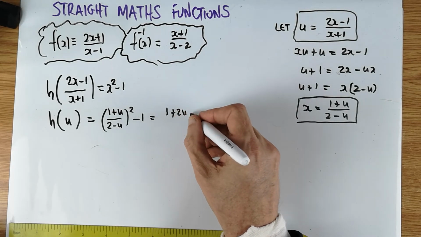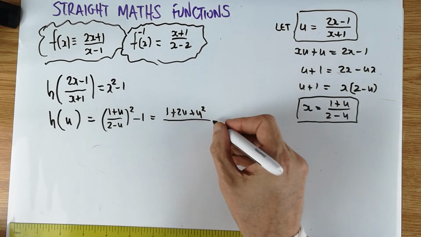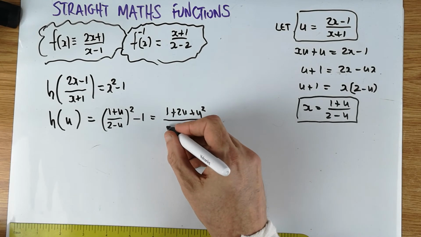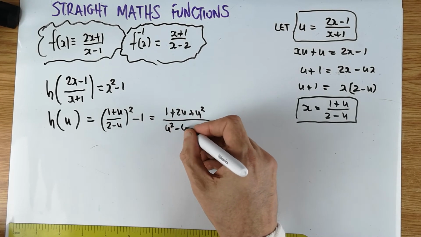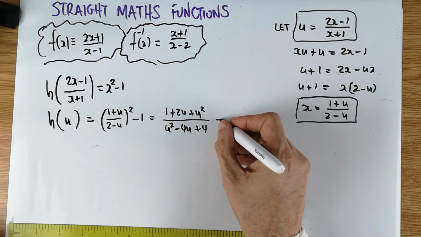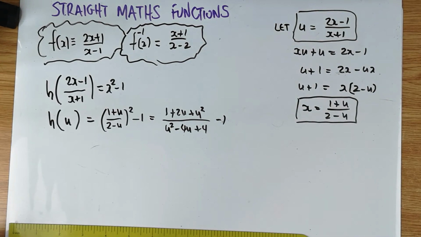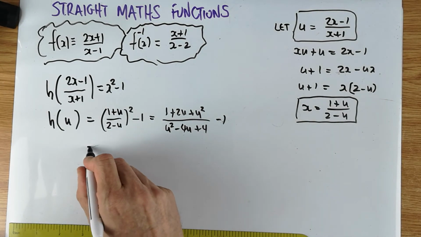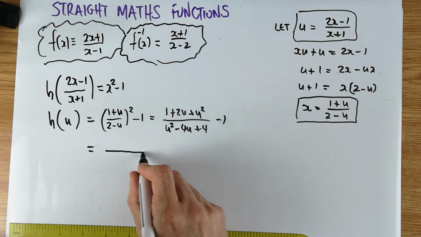1 plus 2u plus u squared. Squaring your denominator is going to be u squared minus 4u plus 4, minus 1. Can we do better than that? We can, I guess. Do a single fraction.